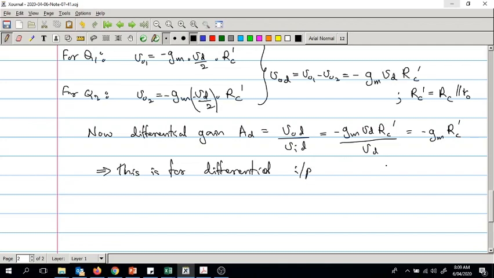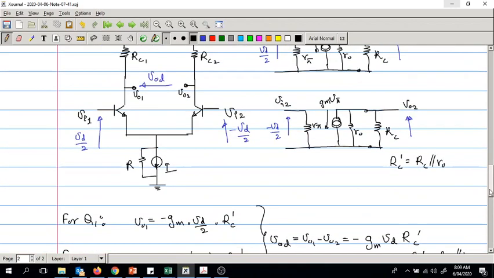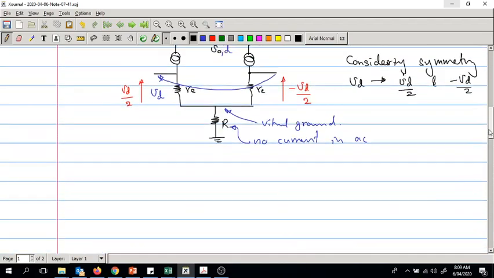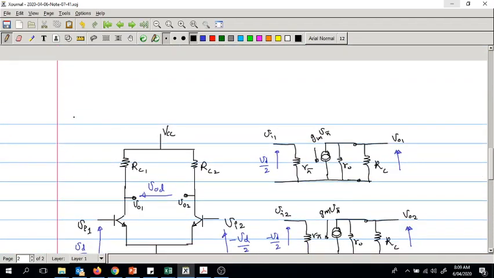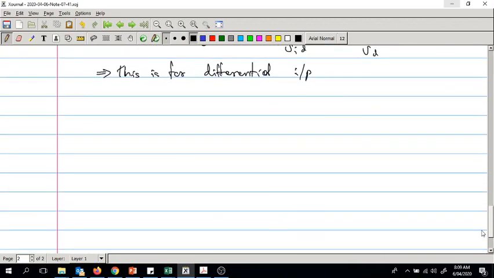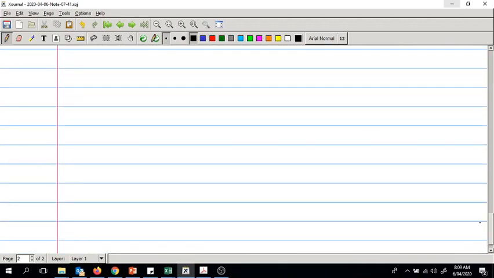Now what about for a common mode input? We will see what happens for a common mode signal now, right?